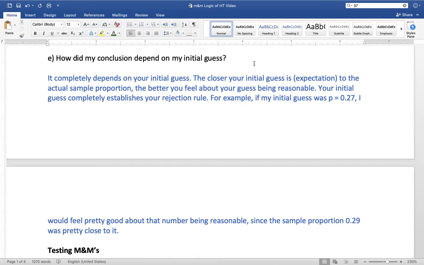So, that would be a very extreme situation, but your initial guess certainly influences your conclusion. Okay. So that's the logic.